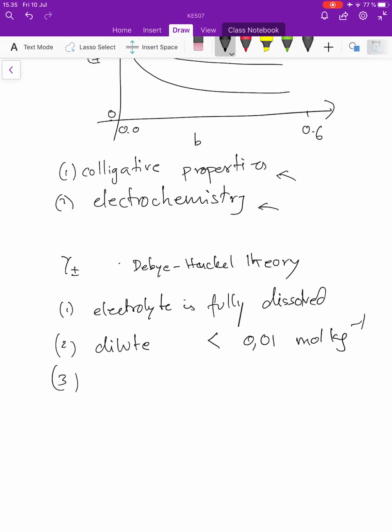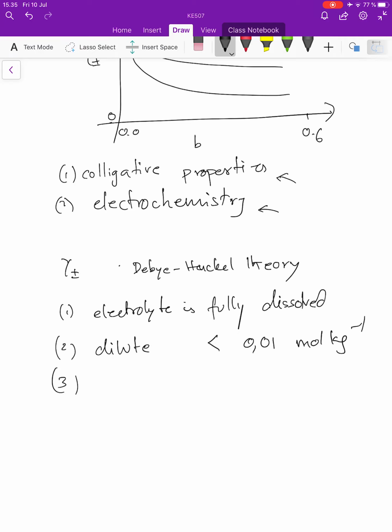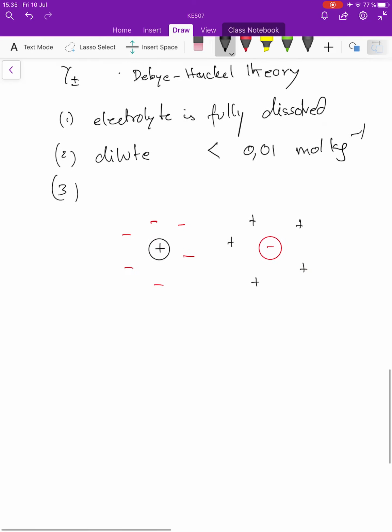And third, the theory says that each ion is surrounded by an ionic atmosphere which contains ions of the opposite charge. So for example, a cation is surrounded by several anions, while an anion would be surrounded by several cations.